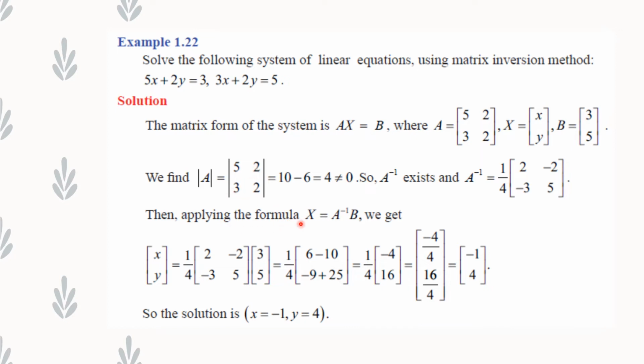Then you apply the inversion formula X equal to A inverse into B, that is, do the ordinary matrix multiplication. Then we get one matrix. Here the first one represents the x variable answer, and the second one represents the y variable answer. So the solution is x equal to -1, y equal to 4.